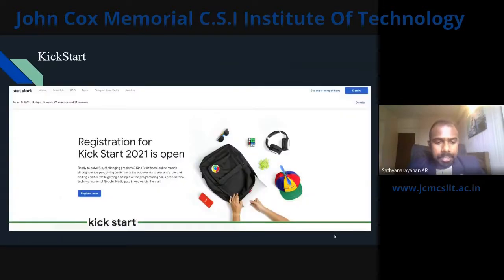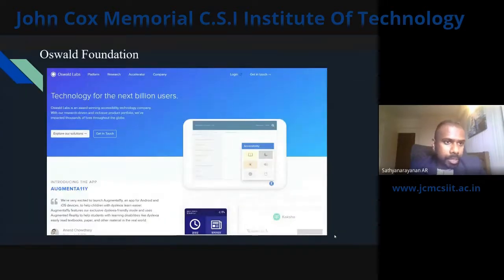Let's put Kickstart first, which is basically an initiative by Google where they do all sorts of coding, for people who do programming and build for inclusive users as well. There are various activities by Google for developers to build inclusive applications. Then another one is Oswald Labs, the Oswald Foundation, where they create devices for dyslexia and memory issues.